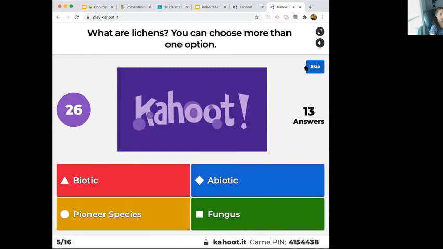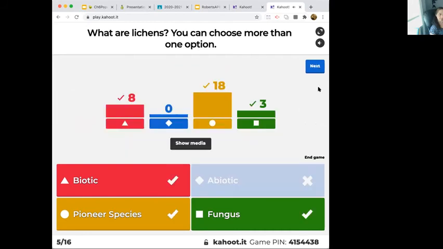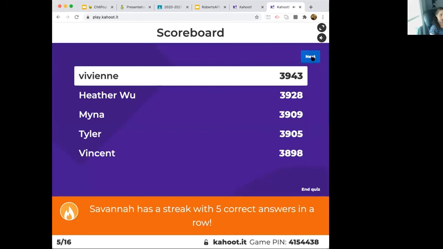What are lichens? You can choose more than one. I get you figured that out. Good. Yes, everything except abiotic. Good.